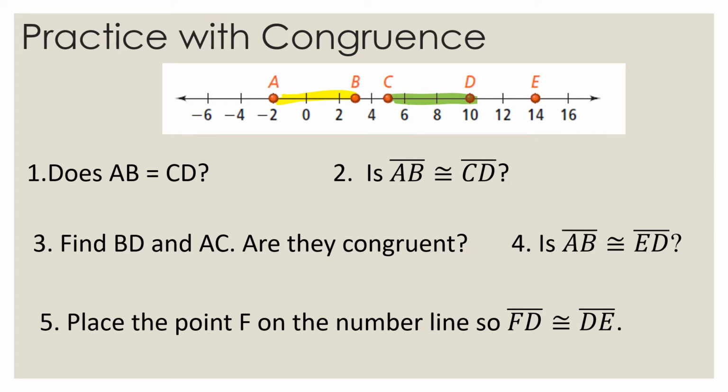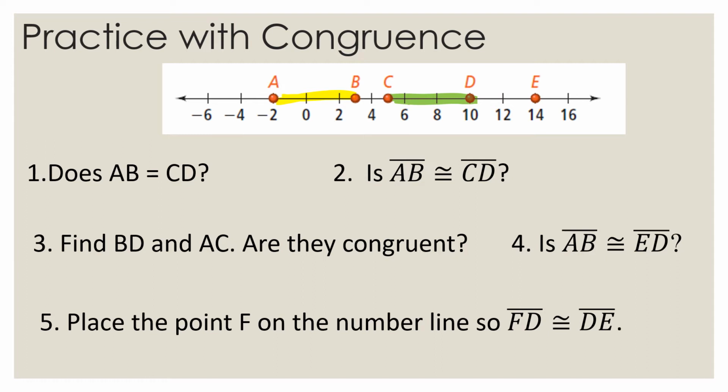So are those distances the same? From A to B, we go from -2 to +3. Think back to our notes from Thursday and Friday, or actually from just a little bit ago, the segment addition, no, the ruler postulate, sorry.